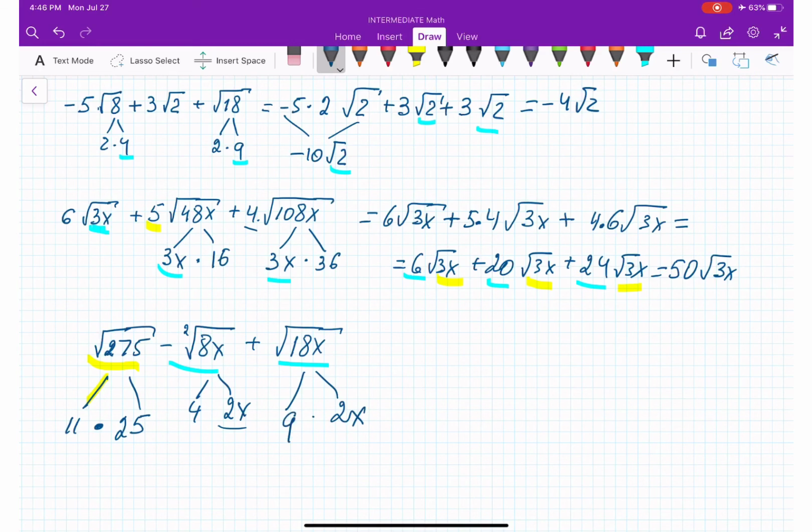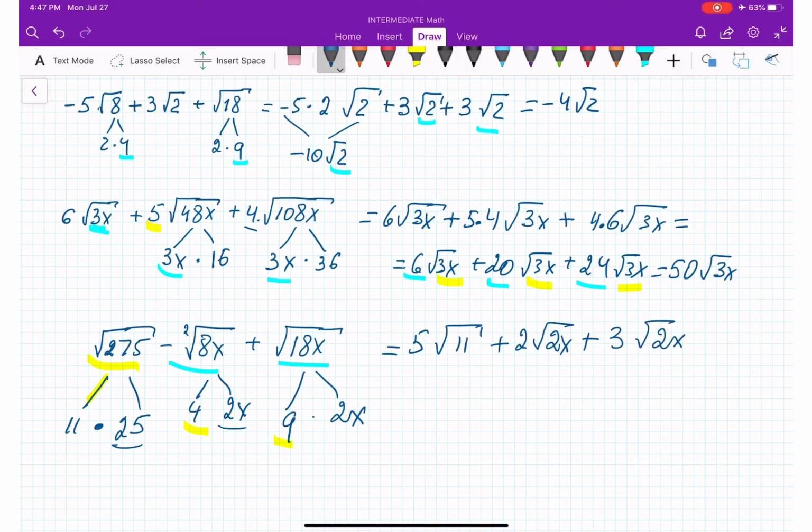Yes, 9. Perfect. So we are going to get from the first term, square root of 25, it's going to be 5, and underneath it's going to stay 11. And then square root of 4, and we are going to get 2, and underneath going to stay 2x, plus square root of 9, it's going to be 3, underneath will be 2x.